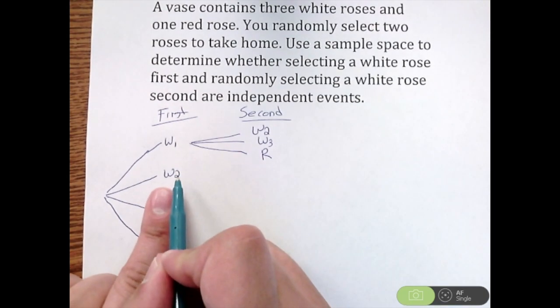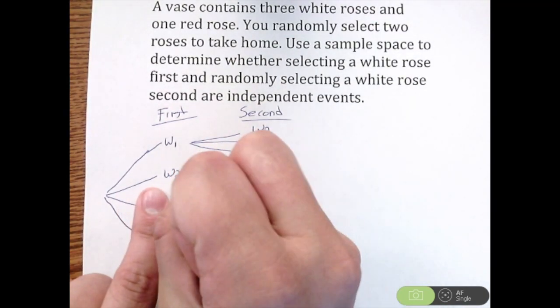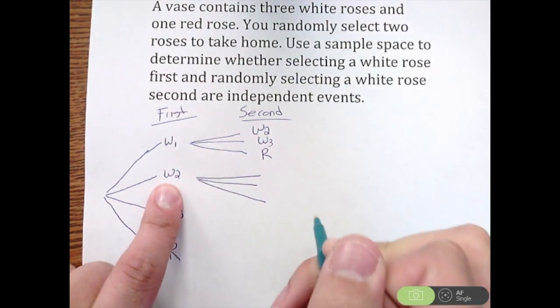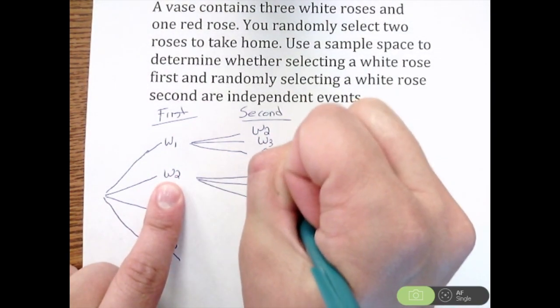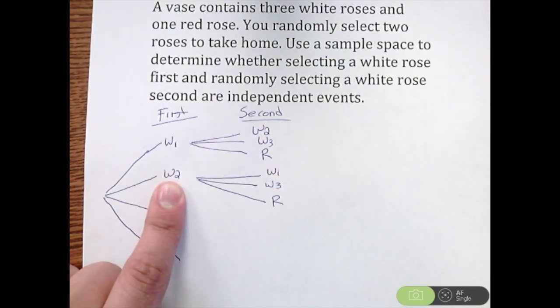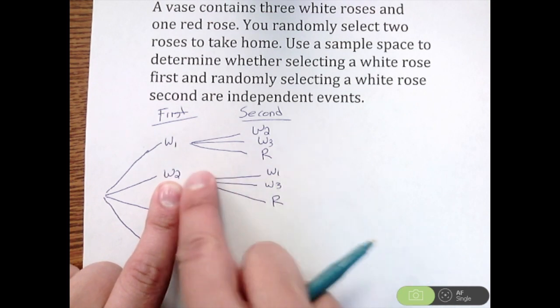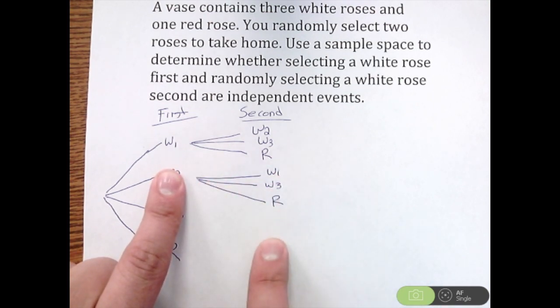If I had selected white rose 2 the first time, I can't select W2, but I can get W1, W3, and R. Notice how 1, 2, 3 and red are all there, but I can't have the one I already got.